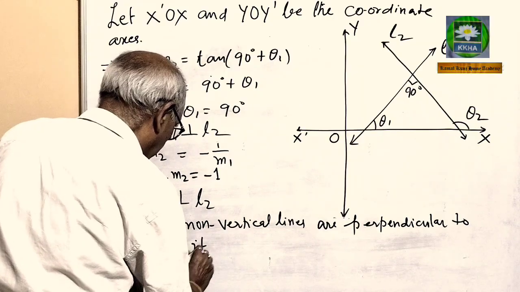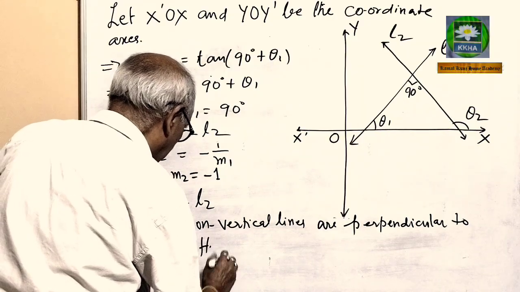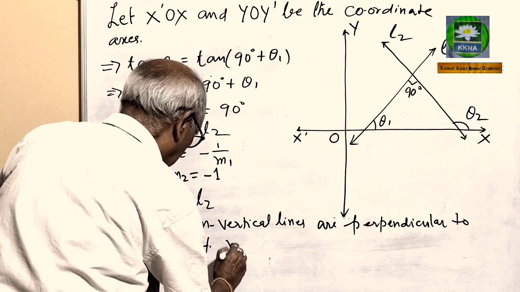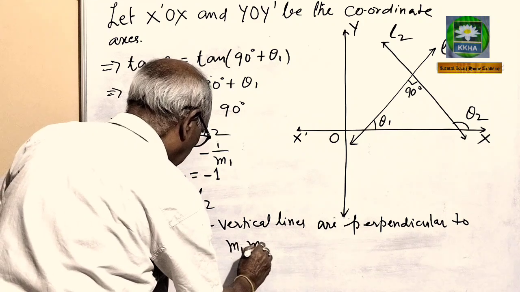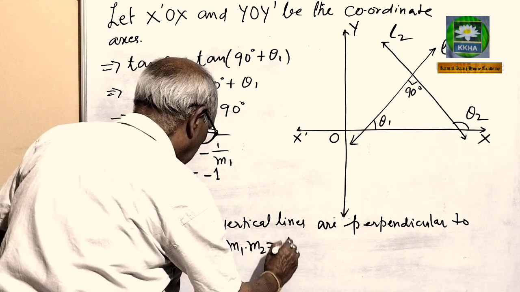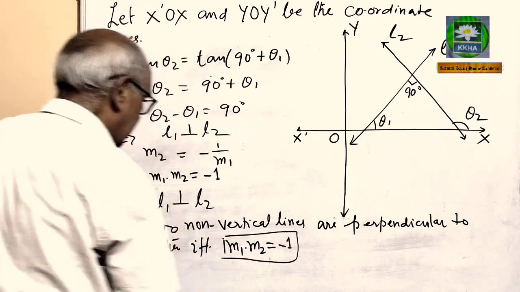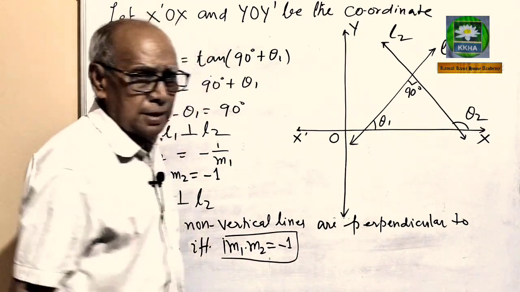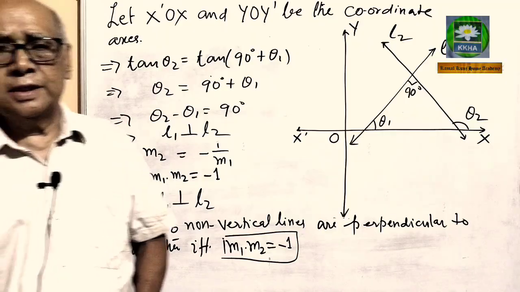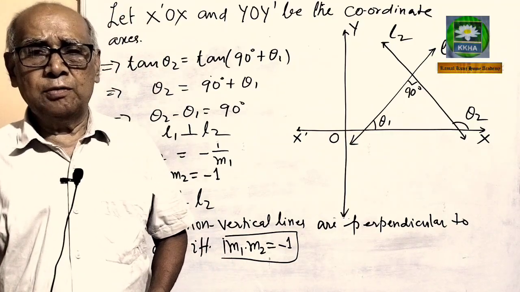If m1 into m2 is equal to minus 1, the product of the slopes is equal to minus 1, then the two lines are perpendicular to each other.